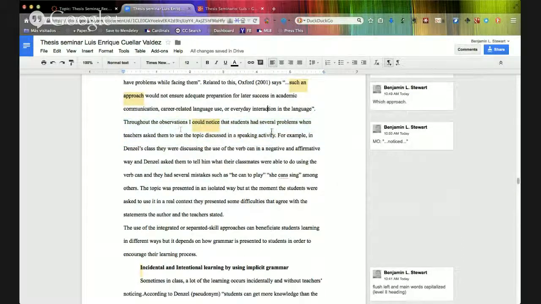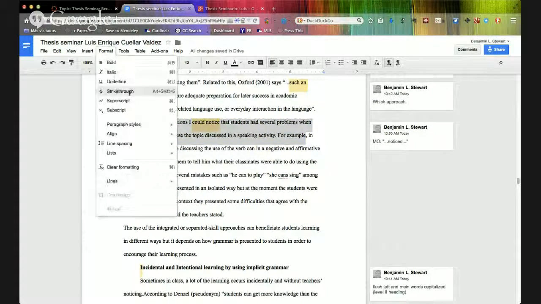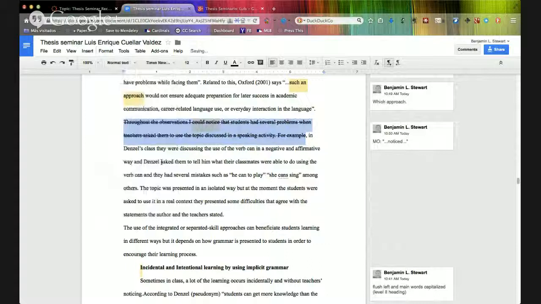Here, and you don't have to say for example, but you can say, in Dental's class, they were discussing the use of verb negative, and asked them to help with questions or able to do, and several mistakes with he can. The topic was presented in an isolated way. All the students were asked to the real context, and they agreed.